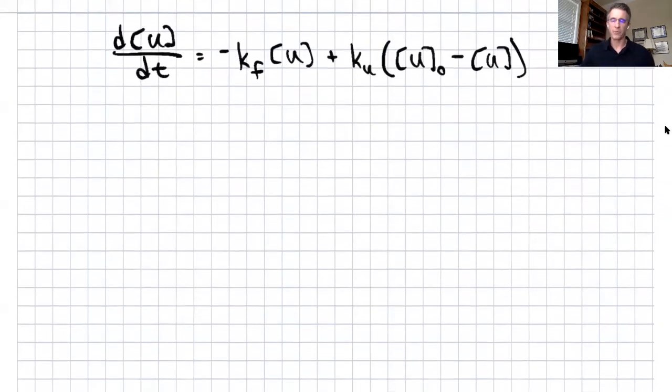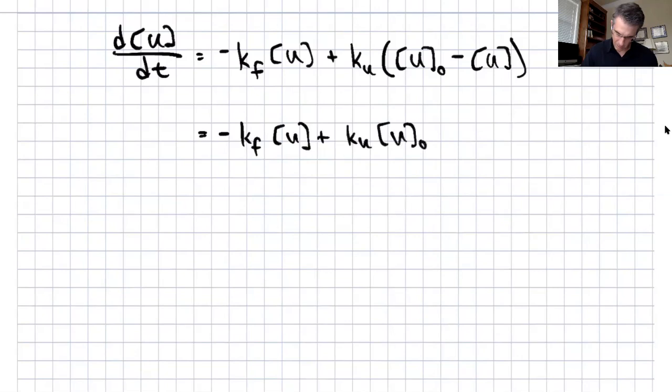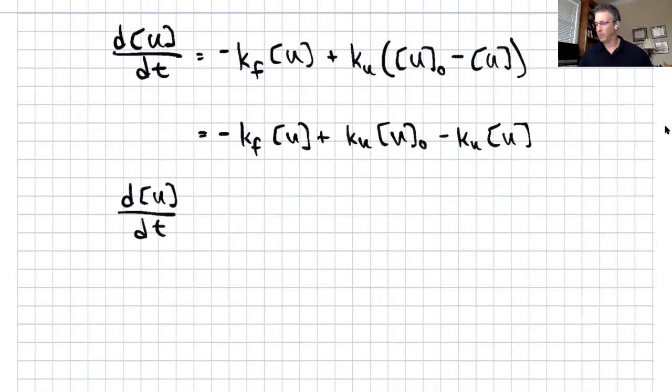So now multiply through and group some terms. We end up with an expression that looks like this. We can say that now has got to just be equal to minus Kf, concentration of U, plus Ku, U0, minus Ku, concentration of U. Okay, group some of these terms up, and we now end up with our differential equation in a single dependent variable that looks like this, right?